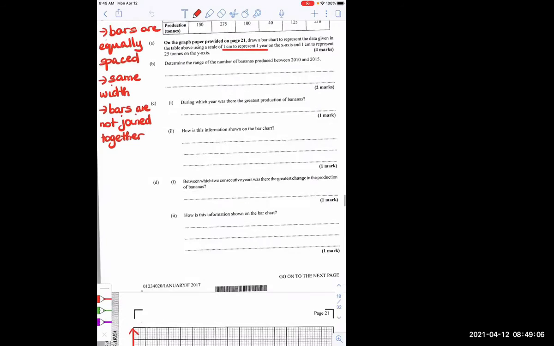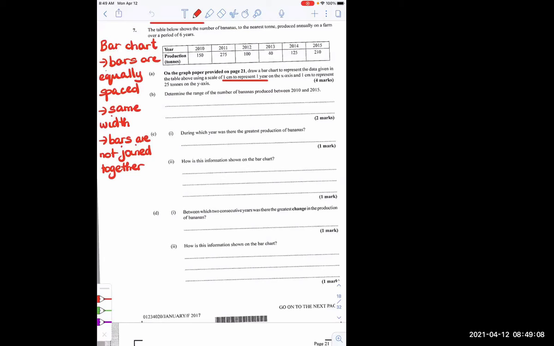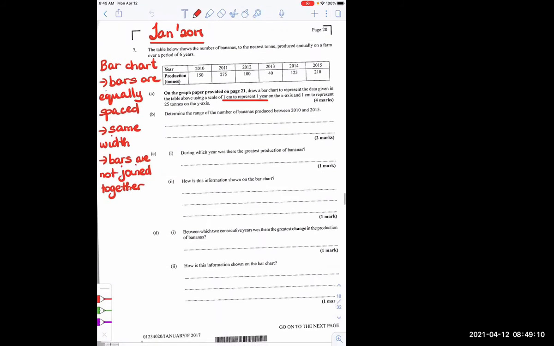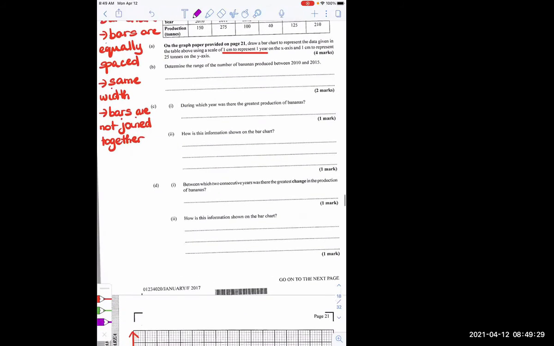So they told us 1 centimeter represents 1 year. How many years do I have in my question? How many years am I going to represent? 6 years. So how many bars do you expect that I have in my bar graph? 6 bars.